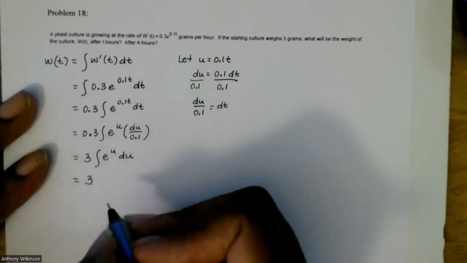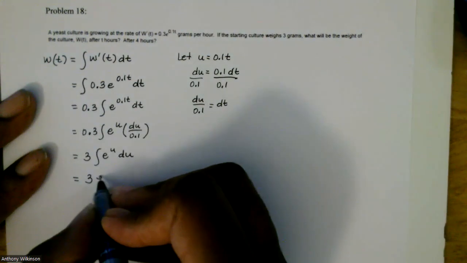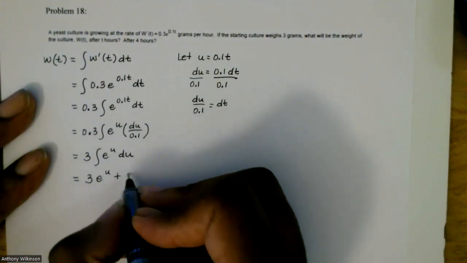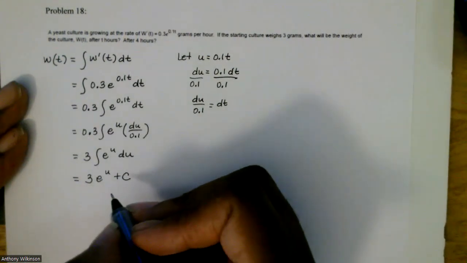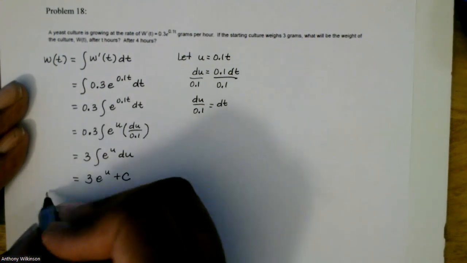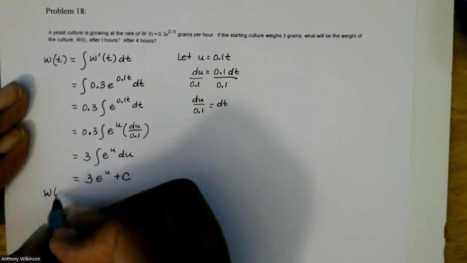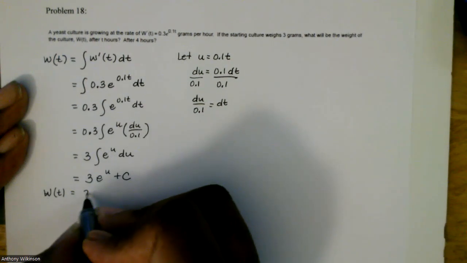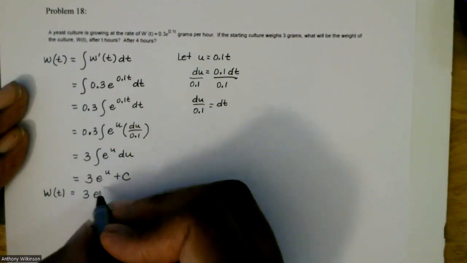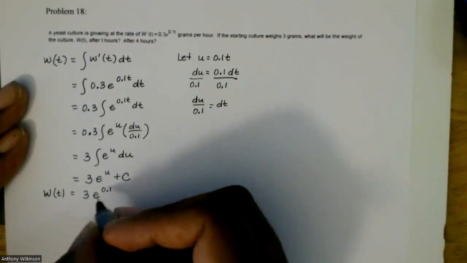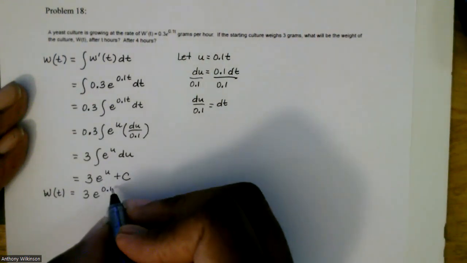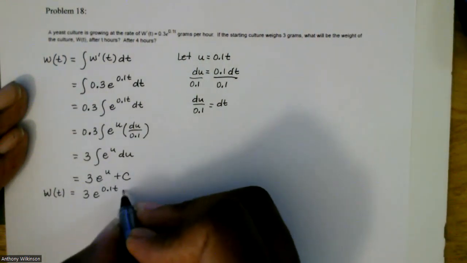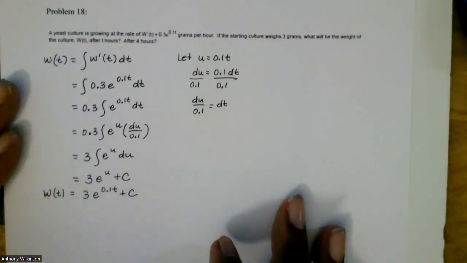And of course, the integral of e to the u is e to the u, so I have 3 times e to the u plus c. Let me write W of t, and then back substitute that u with the 0.1t. So W of t equals 3 times e to the 0.1t plus c.